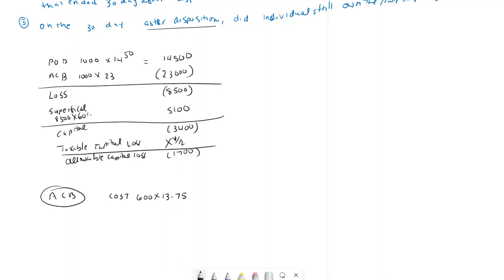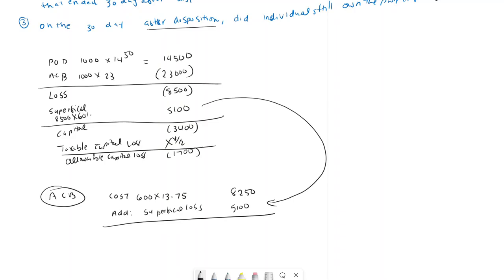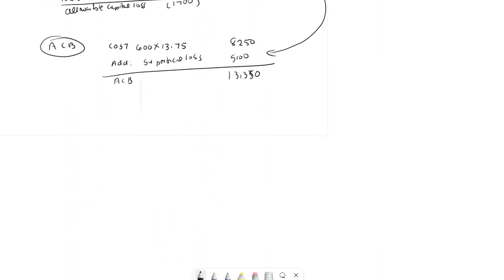That's the purchase price, which is the 8,250, and we have to add back the superficial loss, which was the 5,100. So this becomes the ACB for the 600 shares that we have in our books. 350. So that will be my ACB.